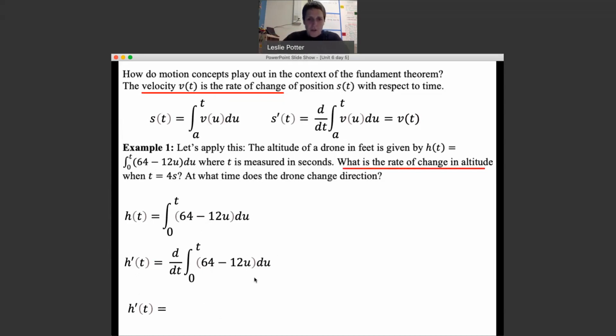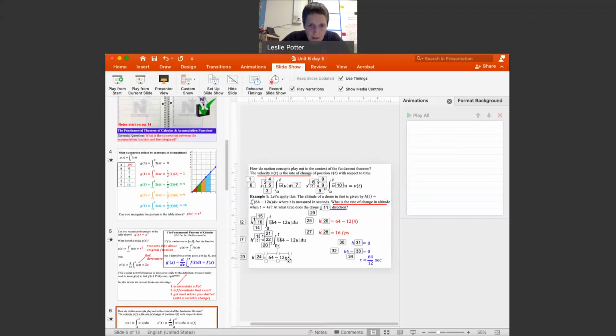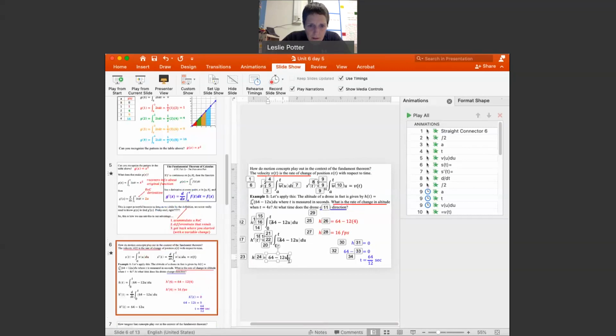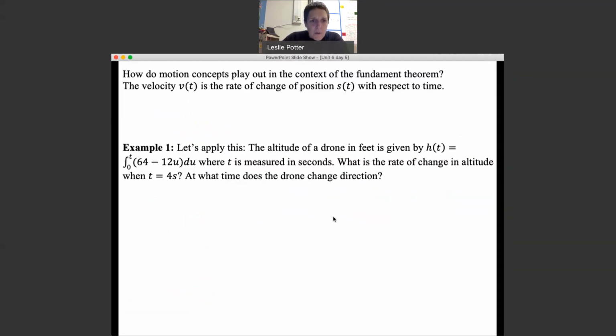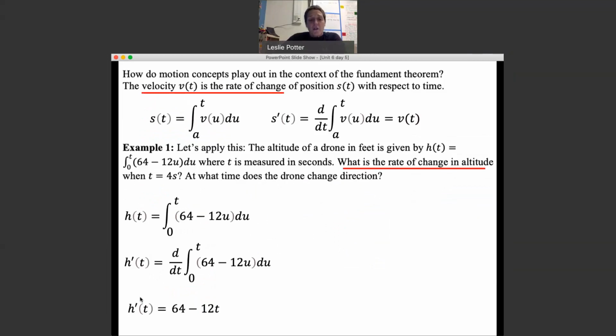I forgot to do the variable change. I am going to correct that, because it's too important not to correct. There we go, make it a t. Okay, so the rate of change of our altitude is 64 minus 12t.